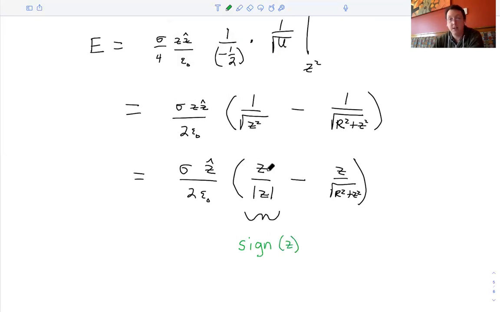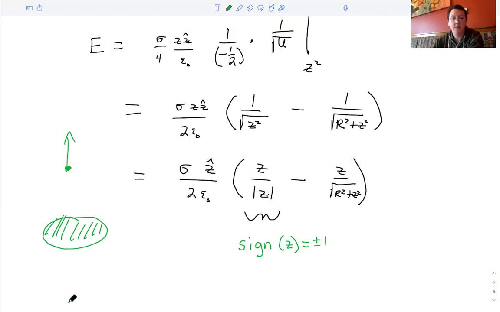So if z is positive, it gives +1. If z is negative, it's -1. That makes sense because, so here's your disk. You've got charge. If you're up here for positive z, the electric field is going to be going upwards.